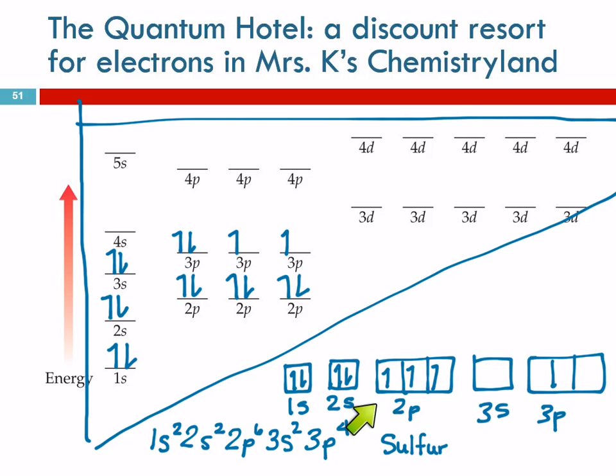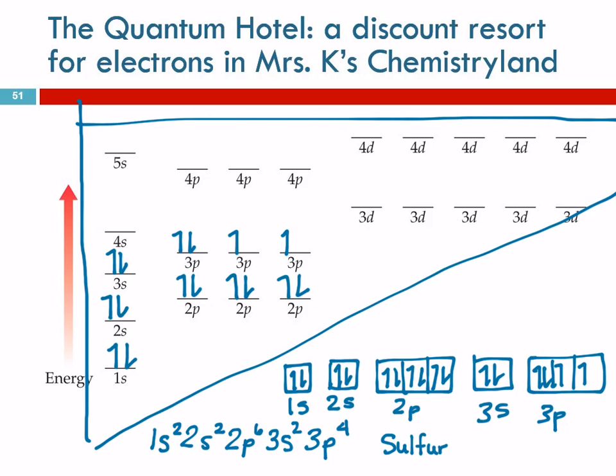So they're filling singly with parallel spins. I believe that's called Hund's rule. And then they're going to pair up when they have to. And then this one's going to be full, and they'll go in here like that, and then this one will be upside down. That's the orbital diagram for sulfur.